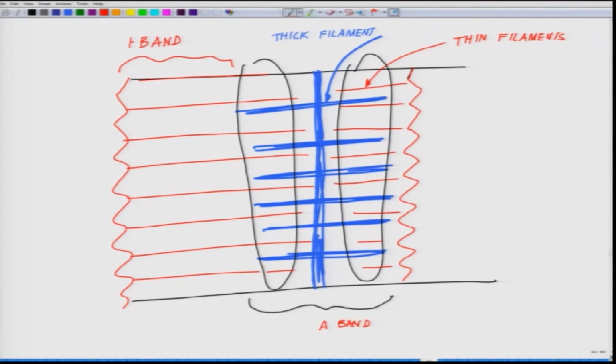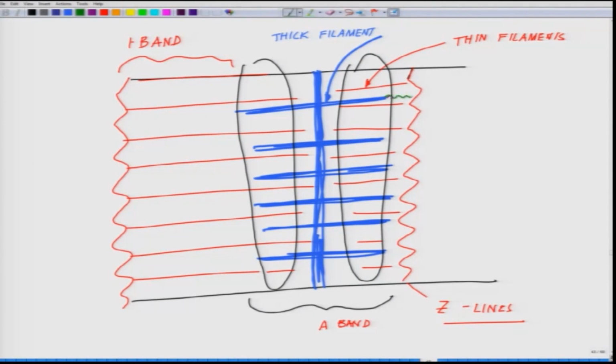Now, there are a lot of variations, and this is called the Z line. Of course, I have marked the thin and thick filaments, and apart from it, these thick filaments are attached by a unique kind of molecule. Let me pick up another color.